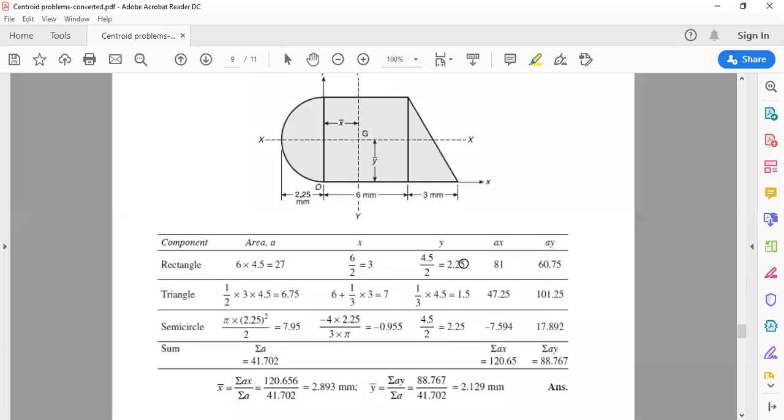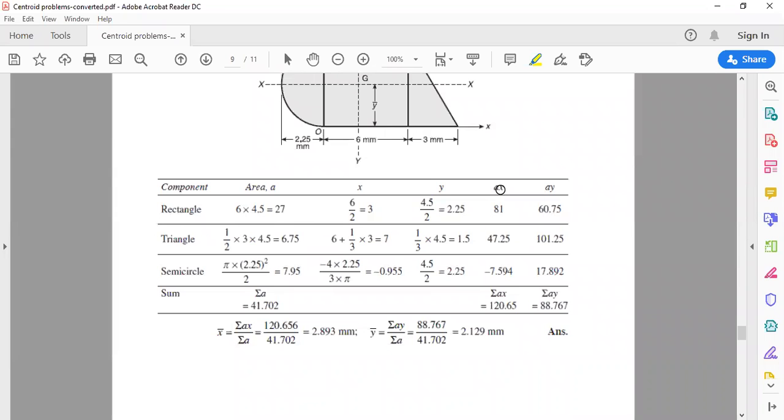Now, once we have completed the calculation of area, x bar and y bar of individual figures, next we need to calculate Ax and Ay. This Ax and Ay is nothing but area into x coordinate and area into y coordinate. So respective Ax and Ay are being calculated. Once all these calculations are done, finally we add up all the required data, that is sigma A, the summation of all the areas, the summation of Ax and the summation of Ay.